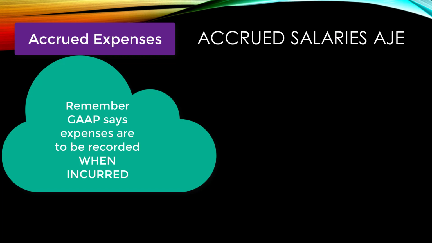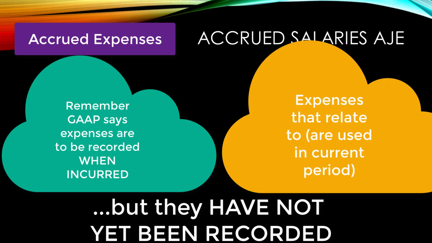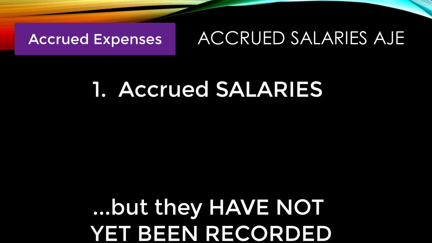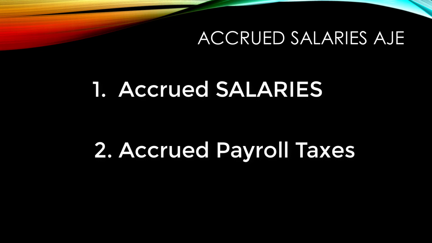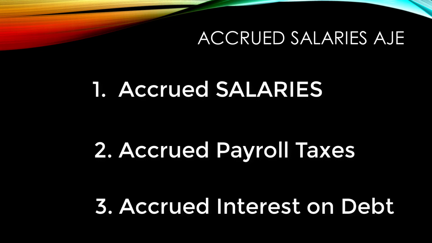Accrued expenses are expenses that relate to the current period but have not yet been paid for and do not yet appear in the accounting records. 3 common types of accrued expenses that we will look at in this chapter are accrued salaries, the accrued payroll taxes that relate to the salaries, and the accrued interest on notes payable or any other debt that we may have.